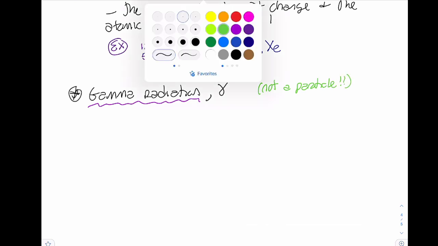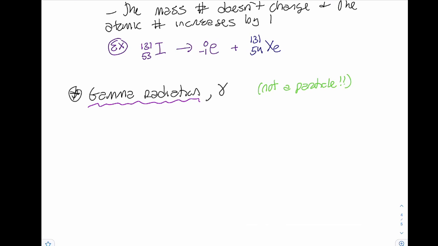So what this is, essentially, is high energy electromagnetic radiation. If you remember the electromagnetic spectrum from 151, we had radio waves at one end, right? They had the biggest wavelength, the smallest frequency, and the smallest energy. And then at the far other end, we had gamma radiation. They had the smallest wavelength, the largest frequency, and the largest energy. So it has no mass or charge.